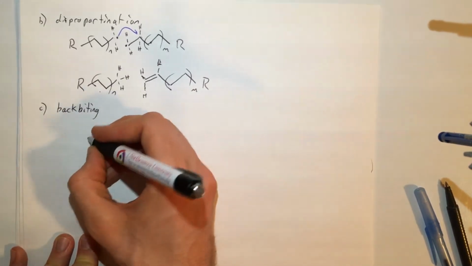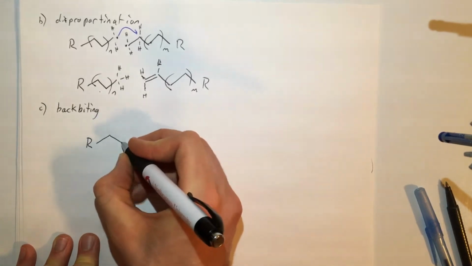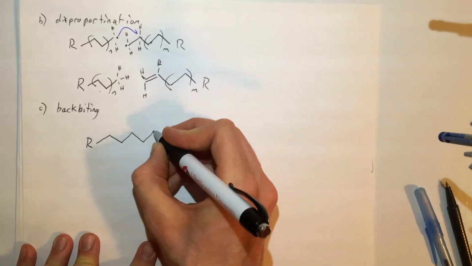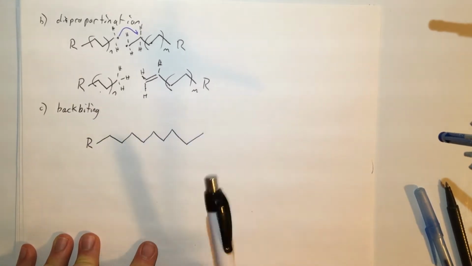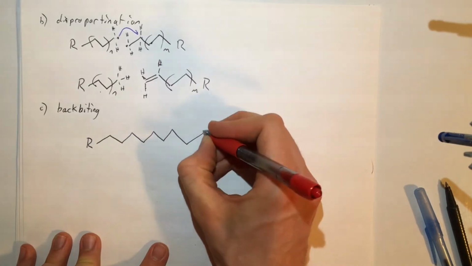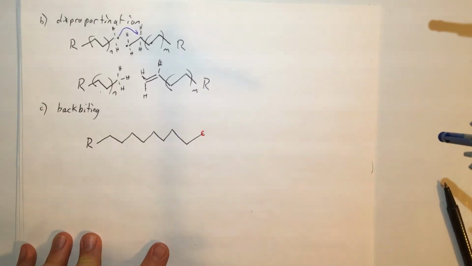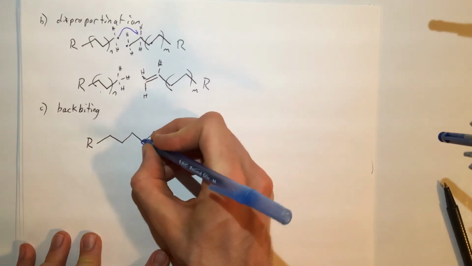Well, you can imagine we might have our initiator, and then we might have some polyethylene chain growing off of it. We might have a case where we have, let's say, one carbon out here on the end, and then another carbon that is down here.